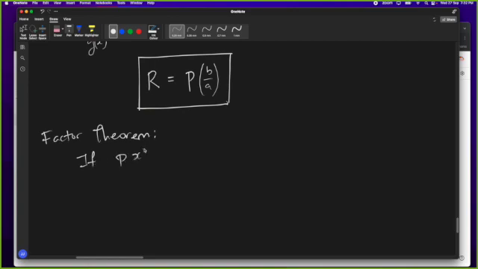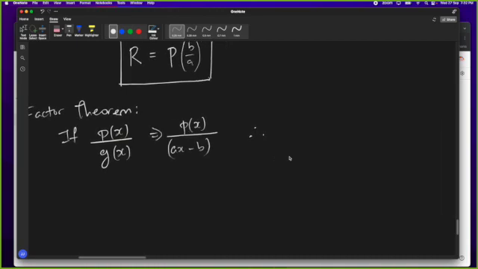P of x is being divided by g of x, let me call it ax minus b, or ax plus b. Therefore, the remainder is equal to p of b over a. This is the remainder theorem, right?